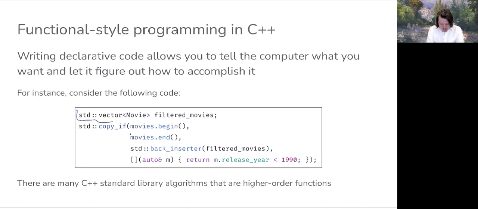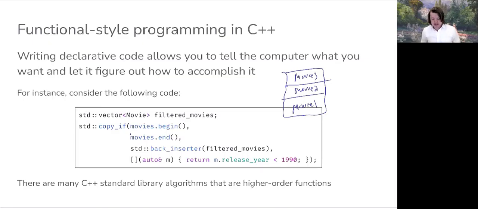So filtered movies is a standard template library vector storing movie objects. The arguments being provided to this copyIf function: we can see two iterators being provided, which is going to determine the sequence of elements on which this standard library algorithm is going to operate.